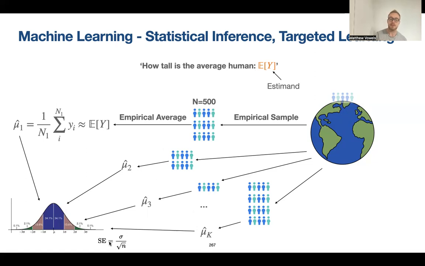And so it can be computed as sigma, which is the standard deviation of a single sample, say this sample here with 500 people, divided by the square root of n, the number of people in that sample. And what we can see here is that if this n grew to be infinitely large, or at least as close as matters, the standard error will be tiny, because you're converging closer and closer to the true value of mu here.